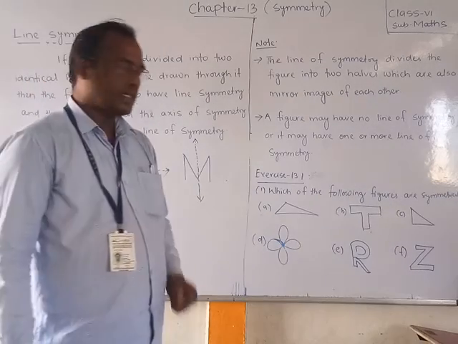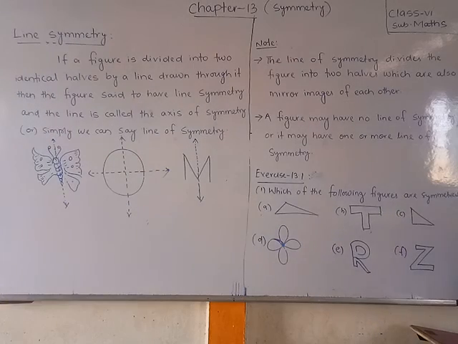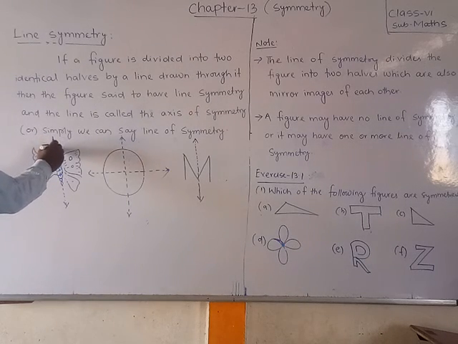Now see, students, I have drawn three pictures; you can identify the line of symmetry. Now it is a butterfly. The two sides of the butterfly you observe are similar. If you draw one line in the middle, it makes the same two equal halves.